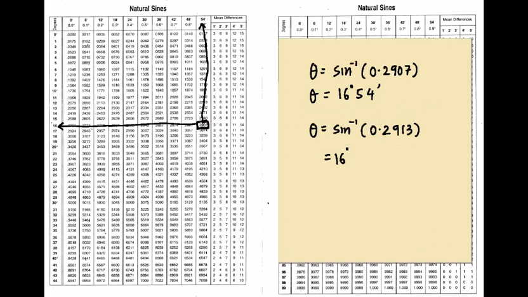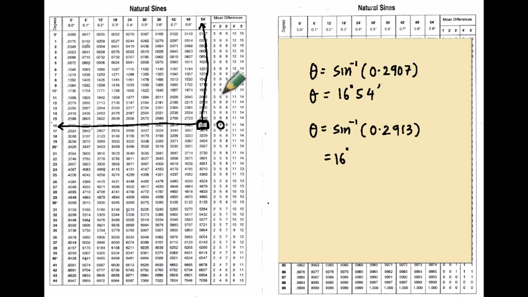Remember, in sine and tan we always add the mean difference. So what we shall do here is, in 0.2907, what number should I add so that I get 0.2913? If I add 6 to 0.2907, I get 0.2913.